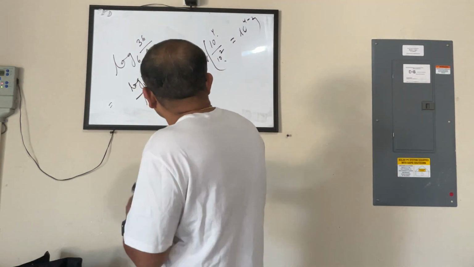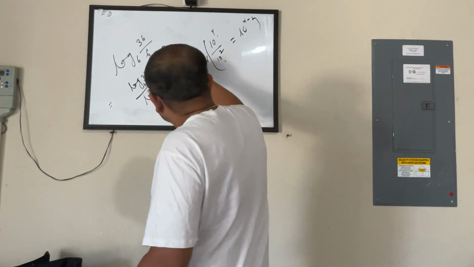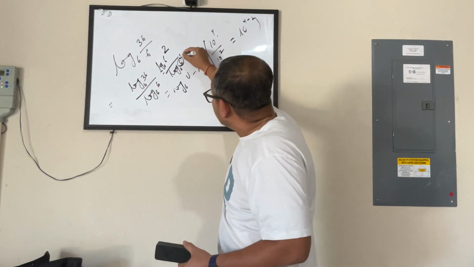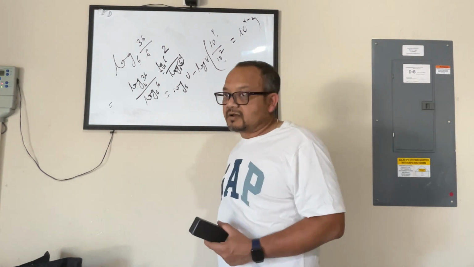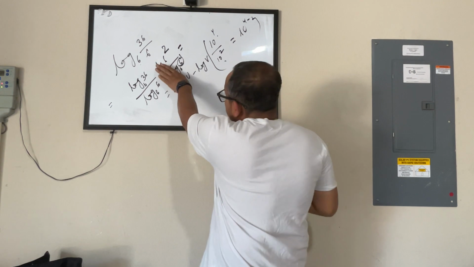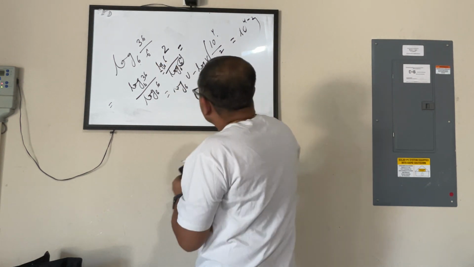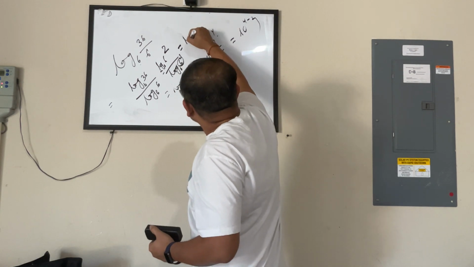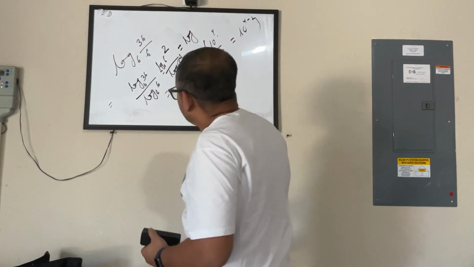I can always write 6 as 6 to the power 1, right? That's what I'm saying. Oh, okay. Yeah. So, if you assume that there is no log, you are essentially talking about dividing 6 to the power 2 by 6 to the power 1.